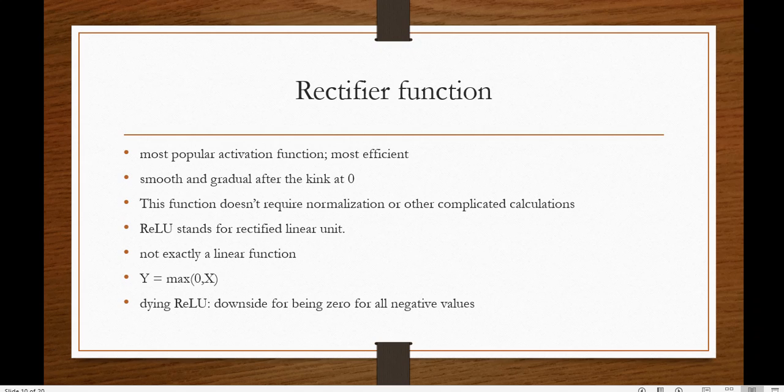I am not getting any reflection of x value change in the negative direction in the y value. That's why it is known as dying ReLU, because of the downside of being 0 for all negative values. So whenever you have a negative value for x, you always get 0 in y. This problem is known as dying ReLU.